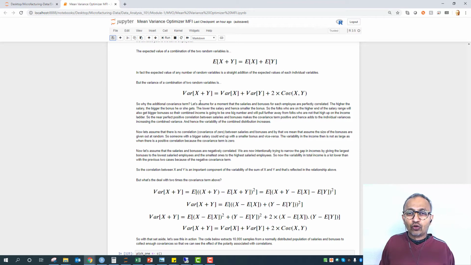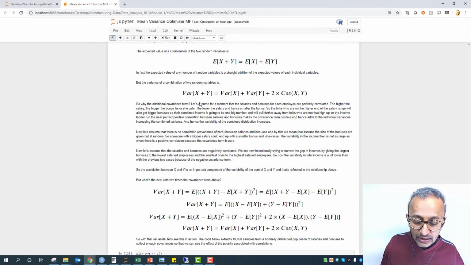The near perfect correlation between salaries and bonuses makes the covariance term positive, and hence adds to the individual variances of salaries and bonuses. If you think about it conceptually, it's pretty clear that the spread of the combined data series, if there is a perfect correlation between salary and bonus, is going to be bigger.